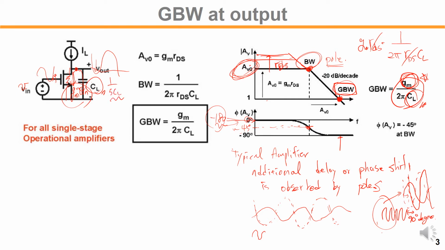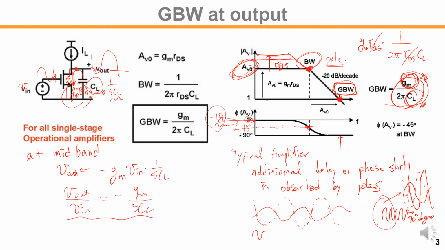So the small signal current flows through the CL, and you can find that at midband the output voltage will be minus gm Vin times 1 over sCL. So Vout over Vin is minus gm over sCL. This is one simple approximation to find the gain at the midband frequency.